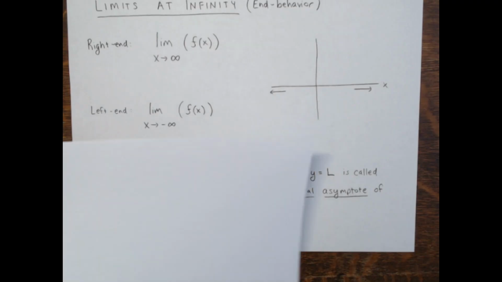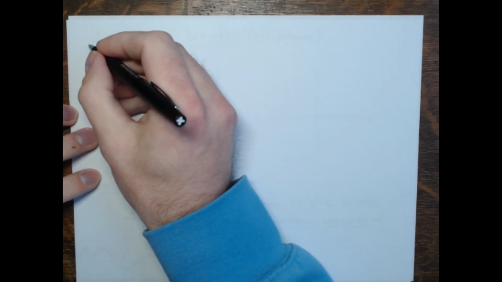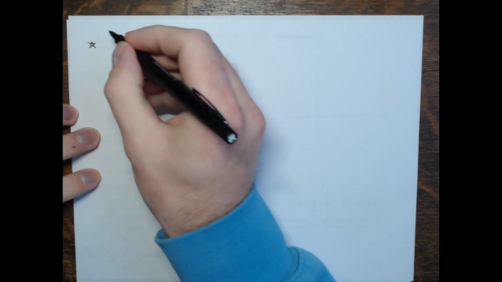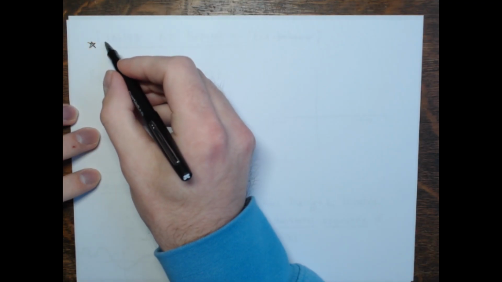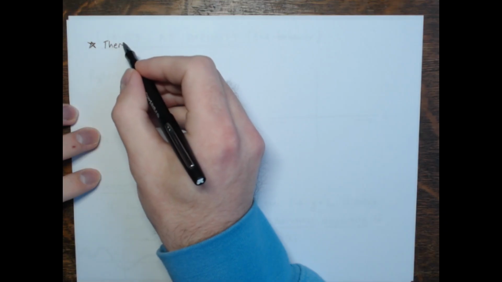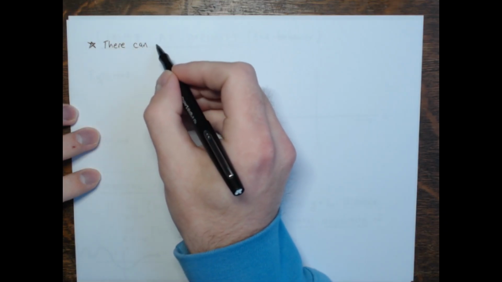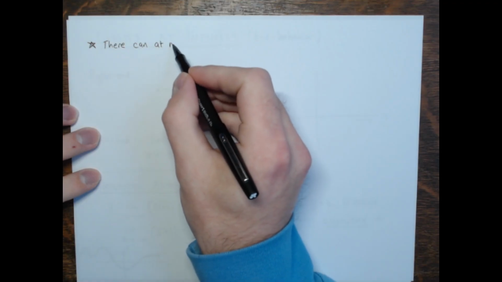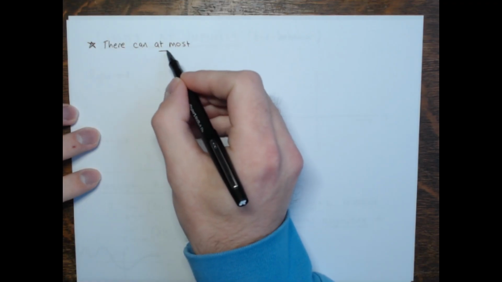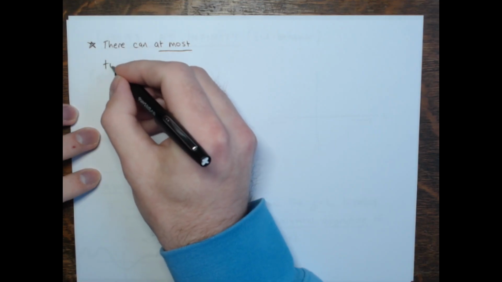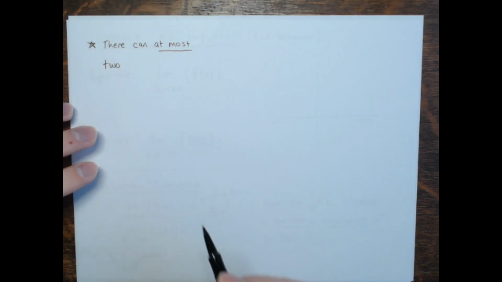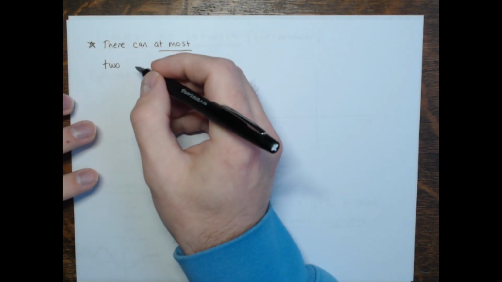So you can have no horizontal asymptote, one horizontal asymptote, or two, but no more than that. So a couple notes about horizontal asymptotes. There can be at most two horizontal asymptotes, one for the right end and one for the left end.